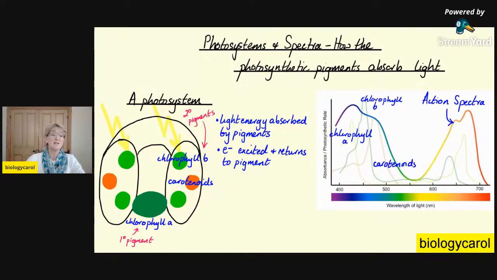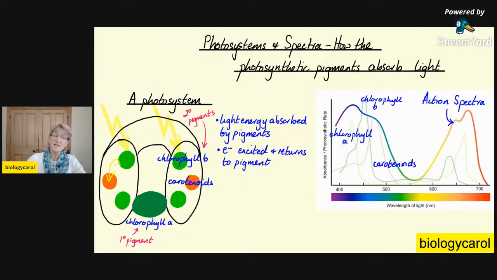So if this pigment has the electron getting excited and then returning to the pigment, it will pass the light energy on to the carotenoid pigment, and the carotenoid pigment will pass it down to the chlorophyll B pigment down here.